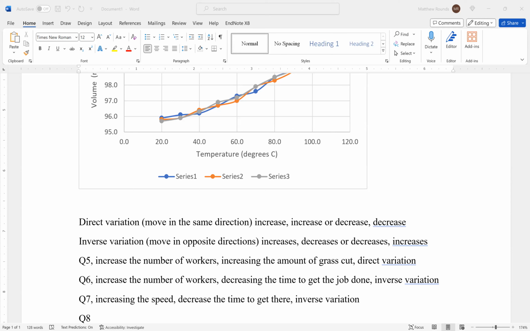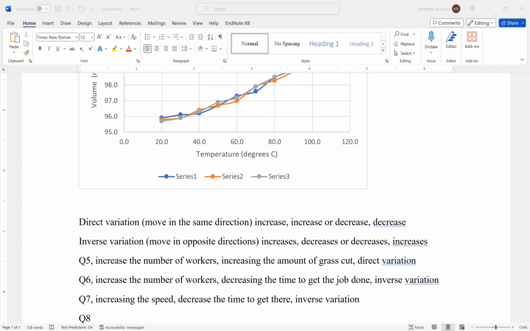Here's what I wrote in the chat, a sentence that I think would make sense. But that's not true. You can drive further in the same amount of time if you go faster. So the faster you drive, the more distance you will cover.